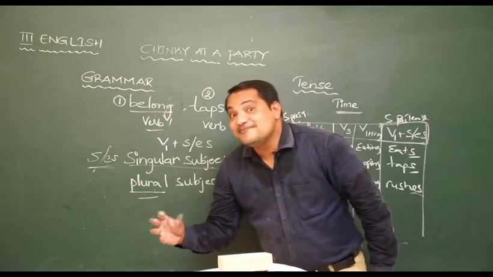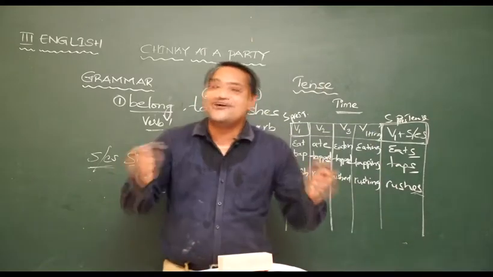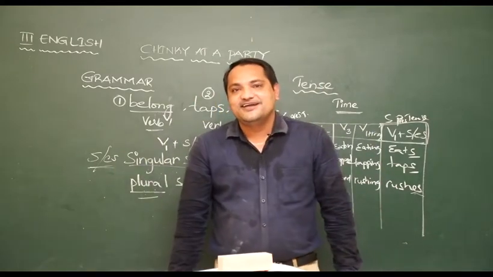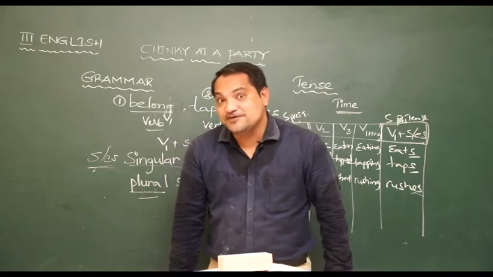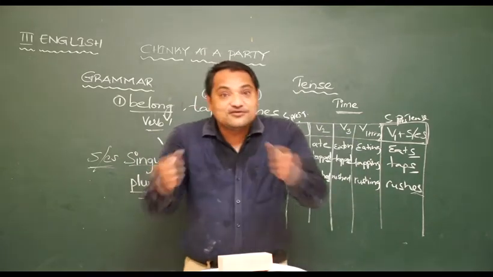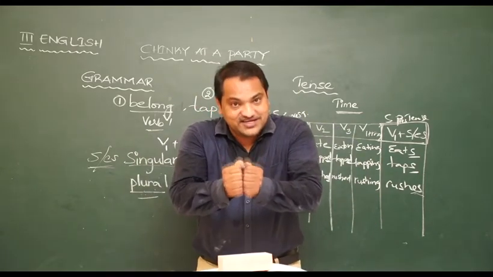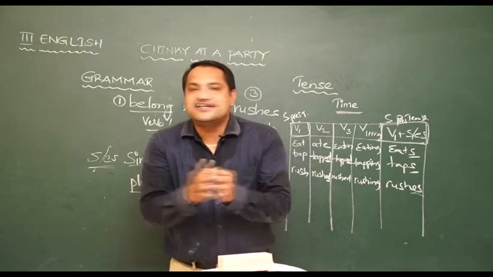Our team. Now you tell me whether team is singular or plural. Come on, make a guess. When do you call something a team? When one person is called a team? No. If many people come together, then we call it a team.